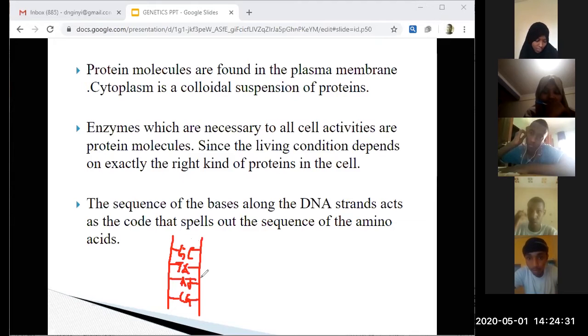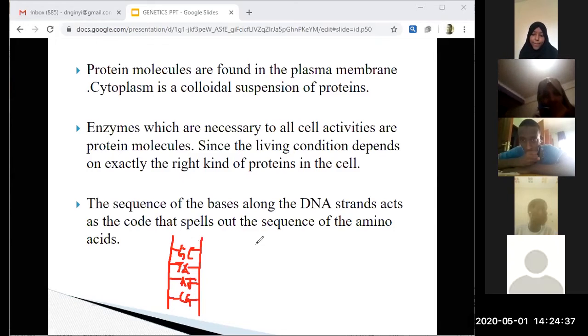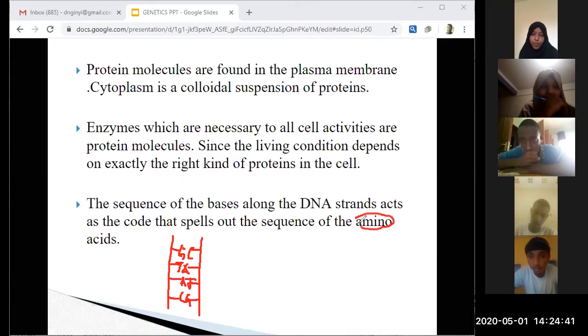Okay, so what happens is that we know when proteins are being synthesized, proteins are made up of building units called amino acids. Maybe a recap from what we covered in Form 1 under chemicals of life. If you remember, the building units of proteins are amino acids.